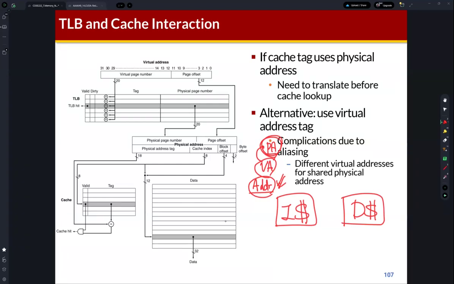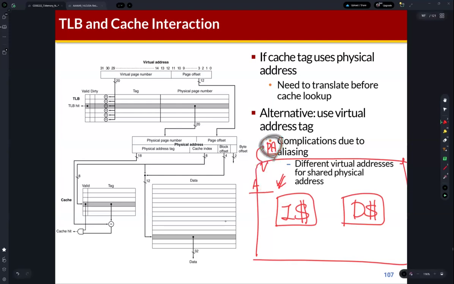So we need to translate the virtual address to the physical address, because the CPU requires the real data. This is the real hardware. What does that mean? All addresses in a program need to be translated.